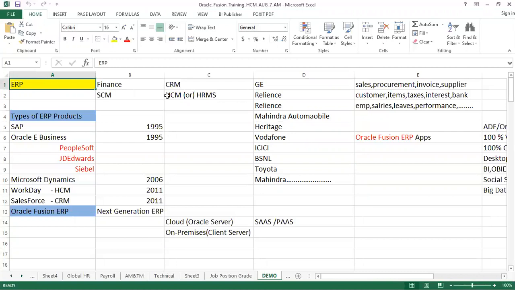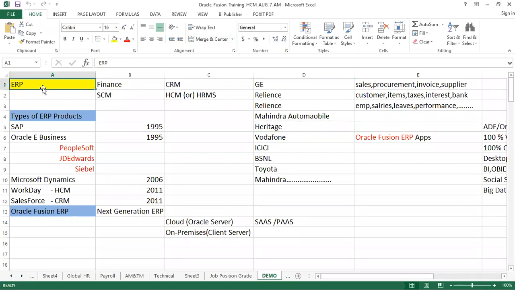For example, Heritage Foods, Reliance Fresh: these companies have hundreds of branches in one country or multiple countries. So it's very difficult for them to maintain their day-to-day business transactions and take decisions. In that scenario, they can go for maintaining all these transactions in a single system.